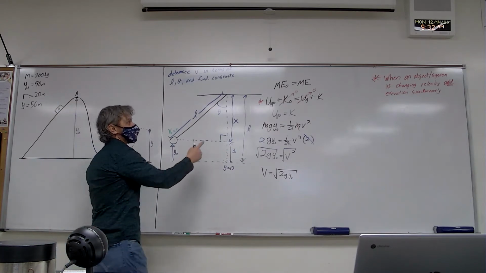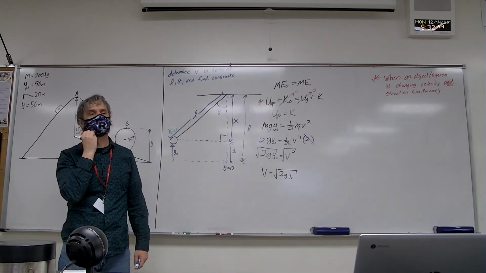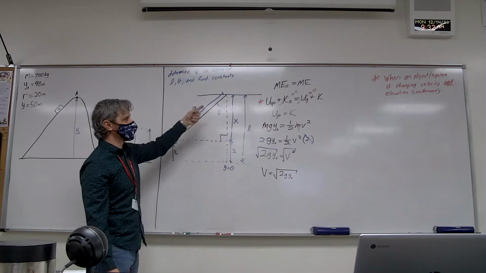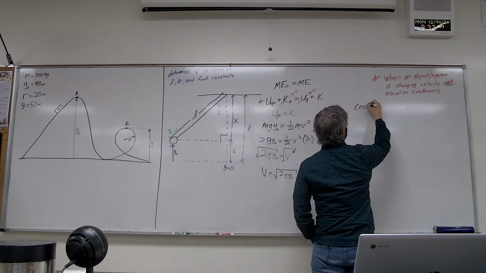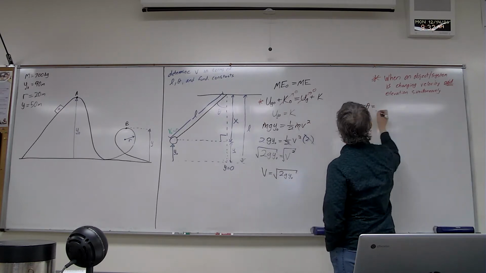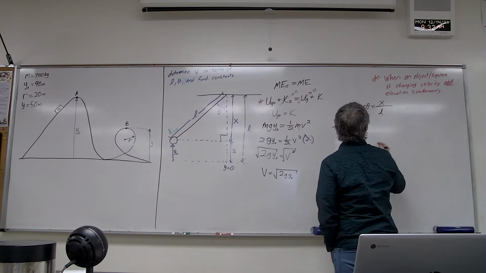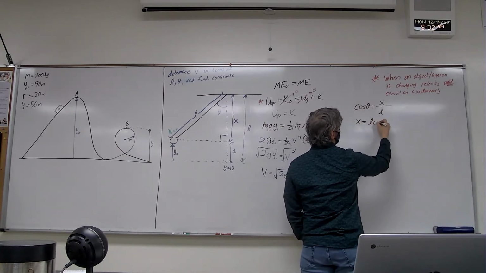And I can determine x in terms of theta and L using SOHCAHTOA trigonometry. What trig function involves this angle, this side, and the length? Cosine. So the cosine of the angle is going to be equal to the adjacent side, which we've called x, over the length L. You can call it whatever you want, though. Multiply both sides by L, and I get that that length is equal to L times cosine theta.